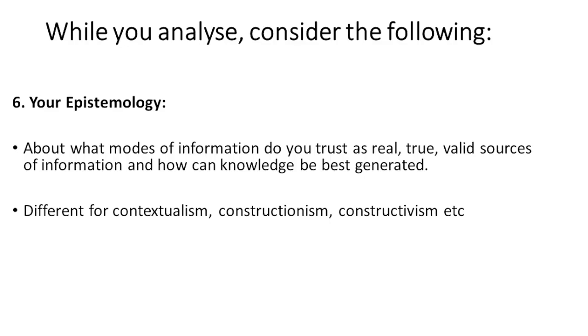So if we take contextualism and what it means, as an epistemology it seems to align with the ontology of critical realism and is considered a weaker version of constructionism, where ultimately there is still a truth out there, but we acknowledge as researchers that we need to find different versions of that truth.